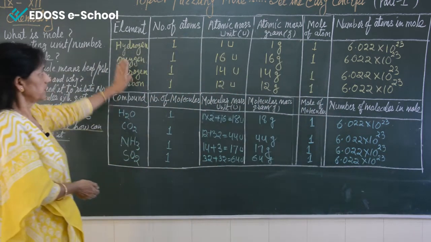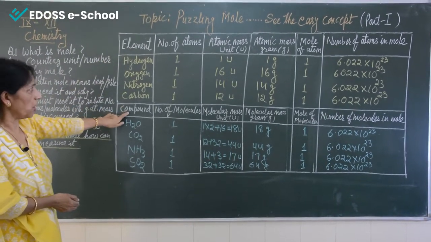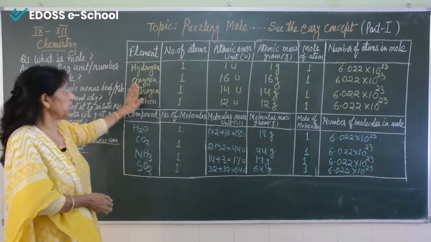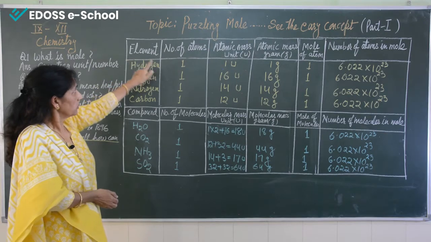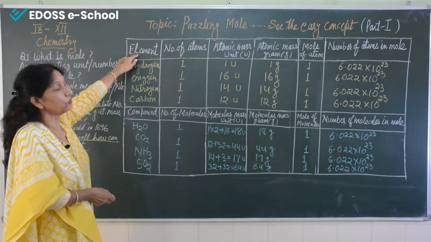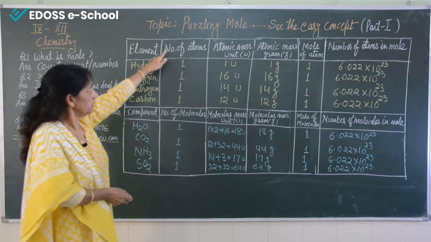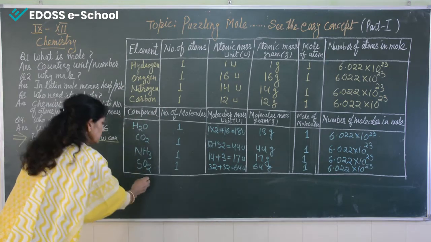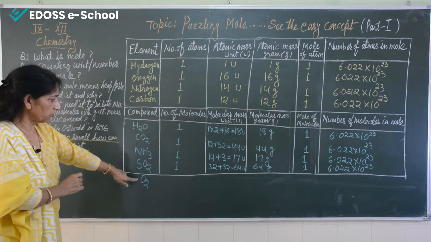So see here, whether we are taking an element, a compound, or a molecule, it will be the same. If I am talking about hydrogen as a molecule, then instead of element it will be molecule, H2. I am giving you one more example: if I am taking oxygen, this is an oxygen molecule.